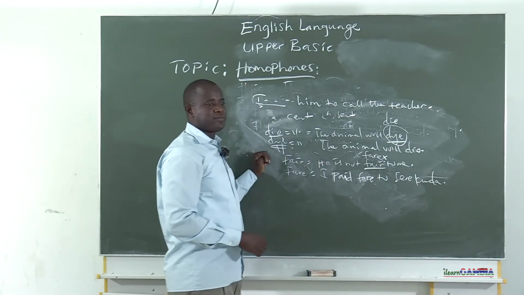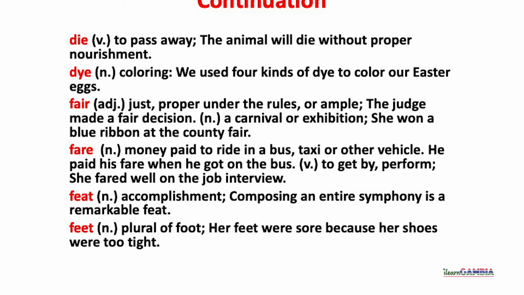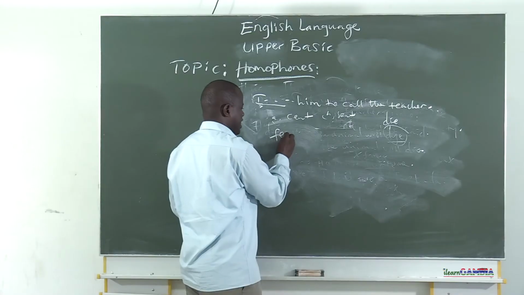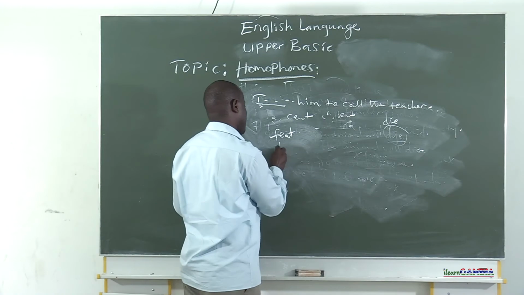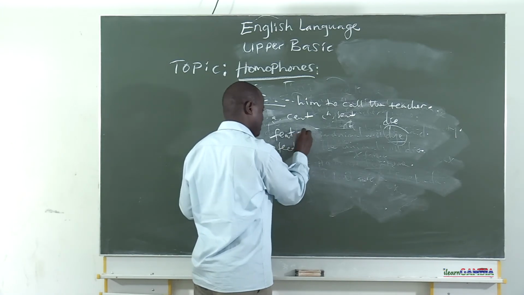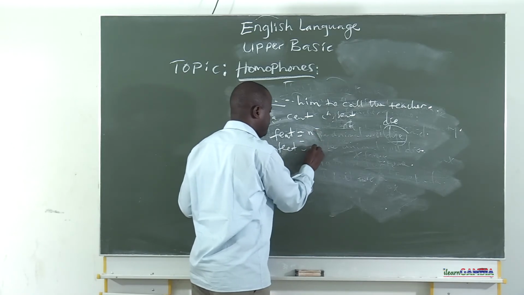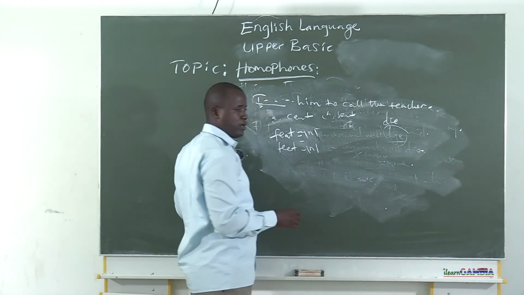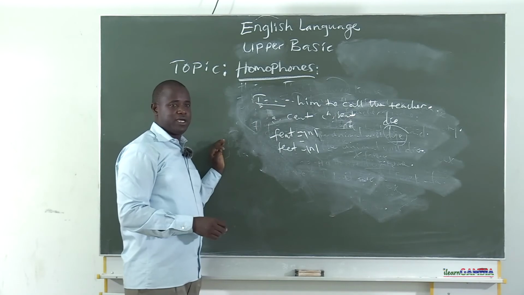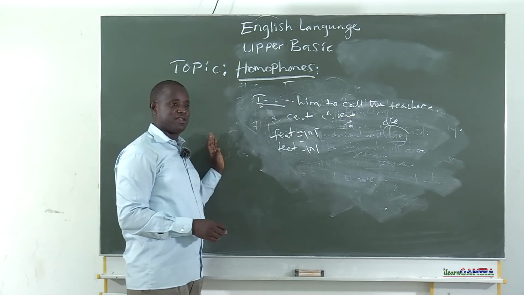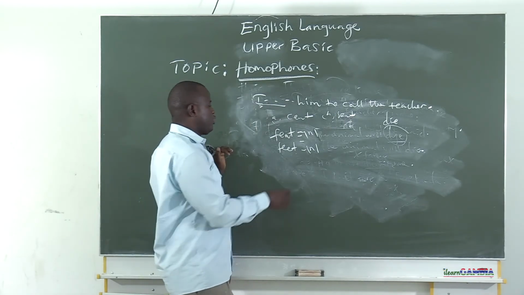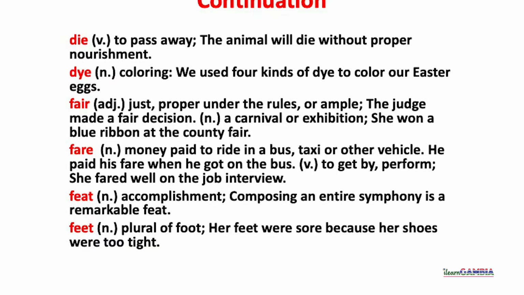So we move on. Feat, feet. Feat means accomplishment. Both of them are nouns. Now look at them again: F-E-A-T and F-E-E-T. Both belong to the same part of speech, which is noun, but they have different spellings and different meanings. What do we mean when we say F-E-A-T, feat?